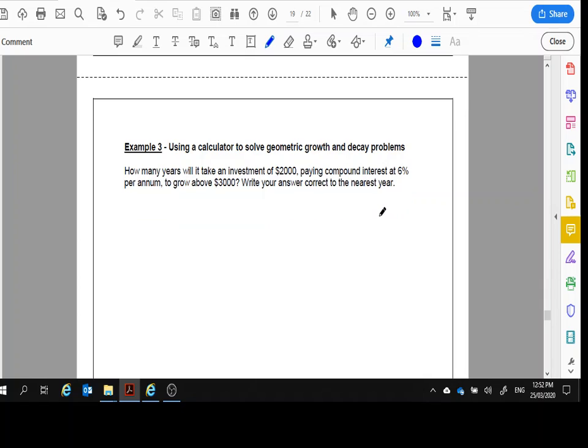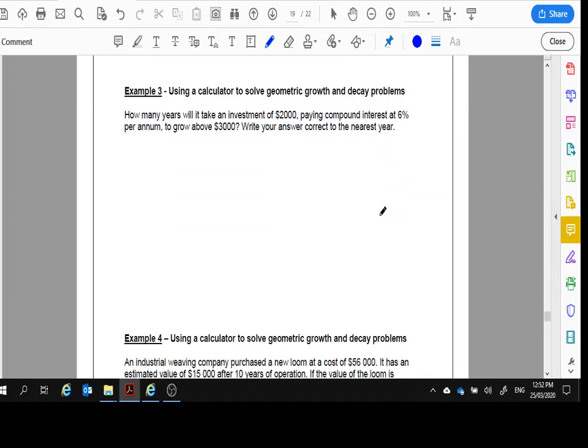Example 3. How many years will it take an investment of $2,000 paying compound interest at 6% per annum to grow above $3,000? Write your answer to the nearest cent. Okay, well, we've got 100%. It's going up 6% per year, so that's 106% divided by 100, 1.06.